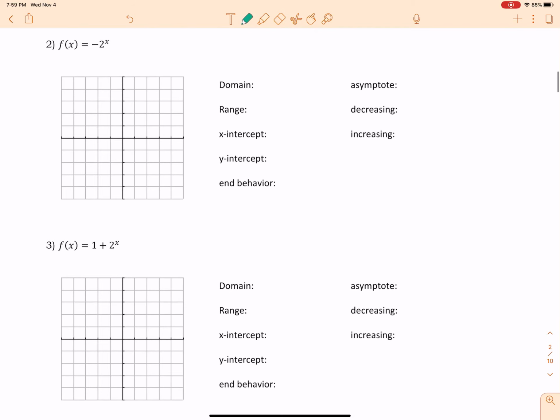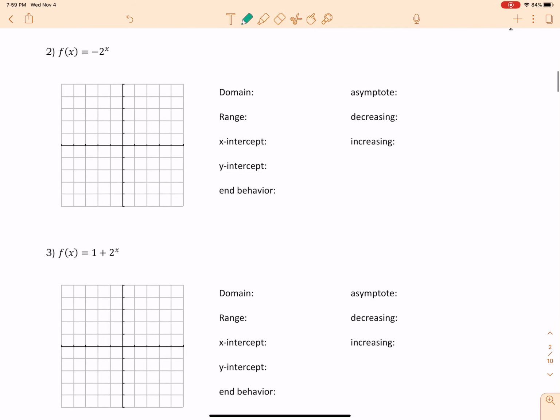Okay, let's look at example number 2. We have negative 2 to the x. Again, our base is greater than 1, so our graph is going to climb to the right. The negative indicates that we are going to reflect across the x-axis. If it was in parentheses, it'd be the y-axis, but there are no parentheses, so we are actually going to reflect over the x-axis.